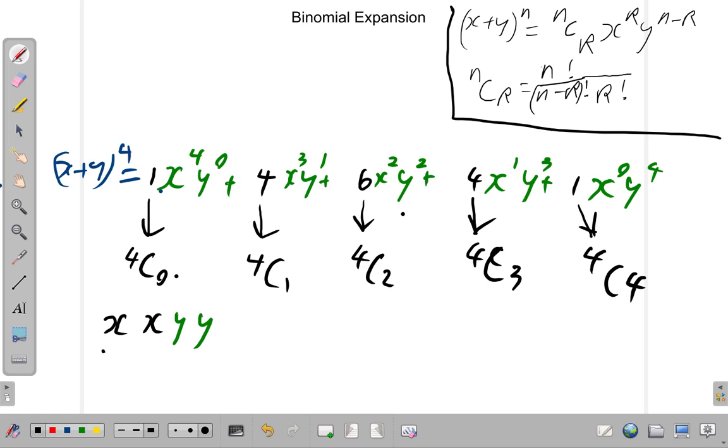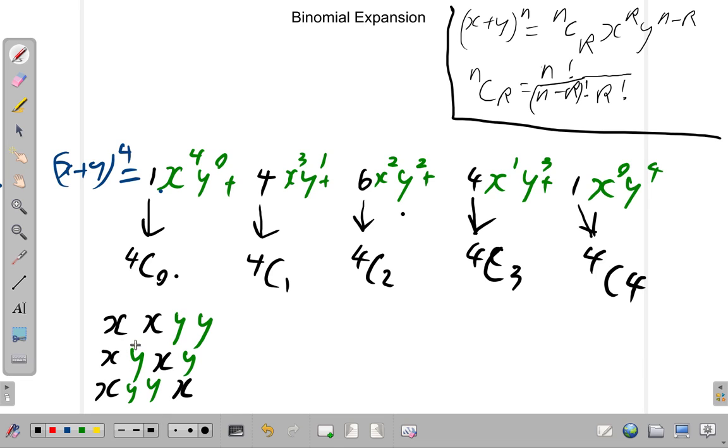You can have x times y times x times y. That's another way. You can have x times y times y times x. That's a third arrangement.